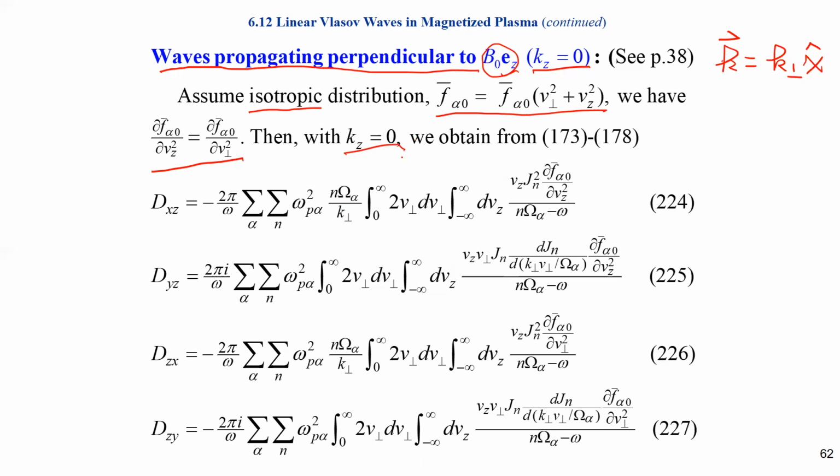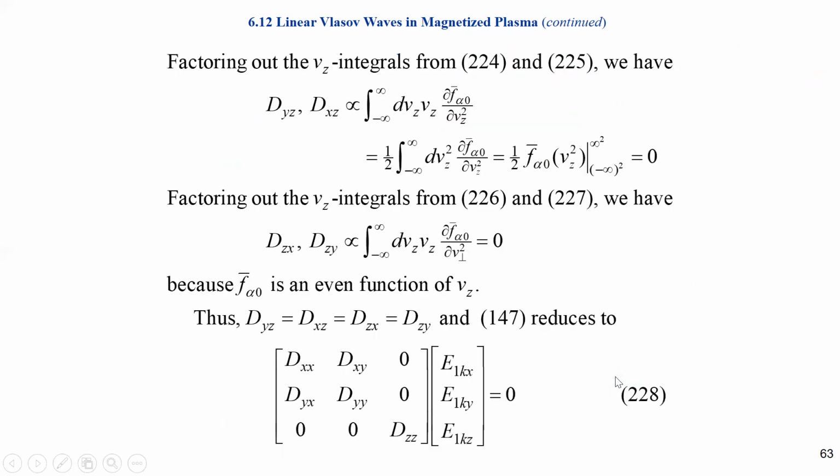With Kz equal to 0, we can simplify, factoring out the phi integration because of axisymmetry. If we perform the integration, this one will become symmetric, so this part will be 0.